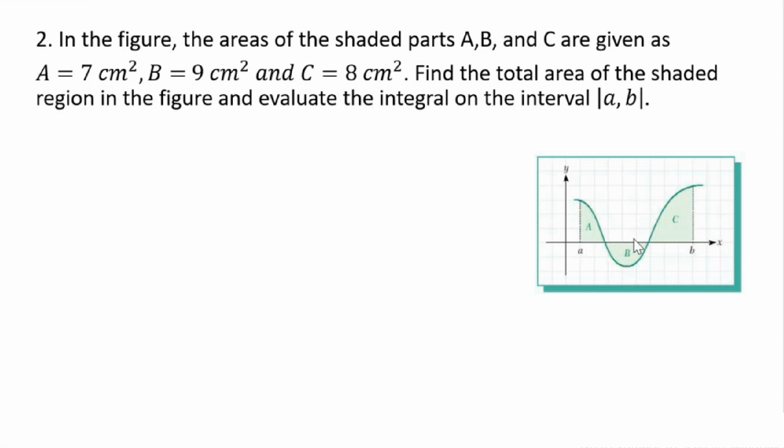Let us write the formula first. Since we are talking about the total area of the three regions A, B, and C, the total area is A plus B plus C. All of these areas are given, so by substitution, we have 7 centimeters squared plus 9 centimeters squared plus 8 centimeters squared.